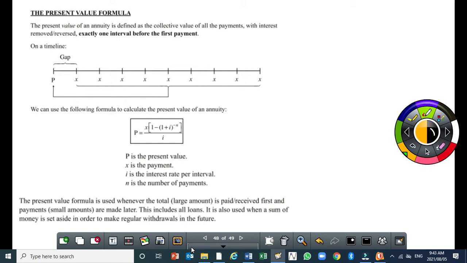So when you go to the timeline for present value, there is no amount which is repaid at T0. You can't. In actual fact, it will be a disadvantage for the bank if you start making a repayment at T0, because you pay less interest.